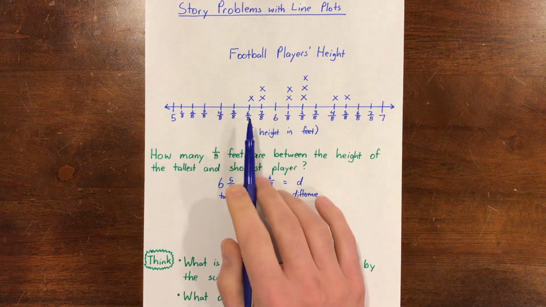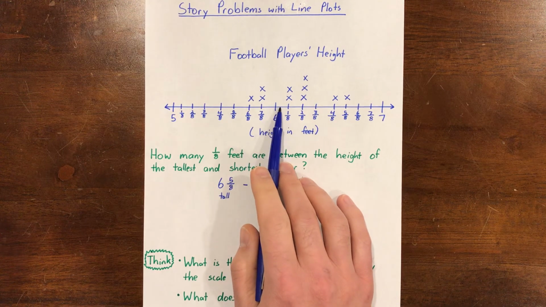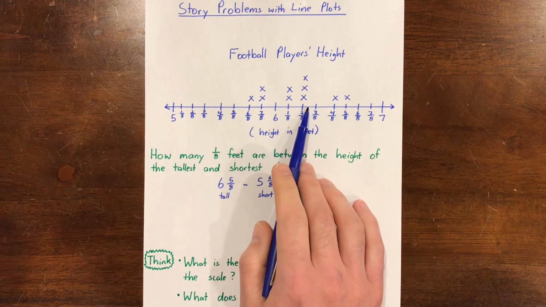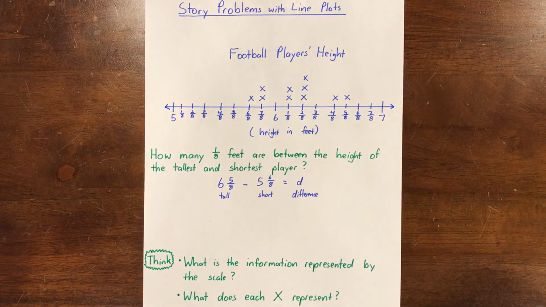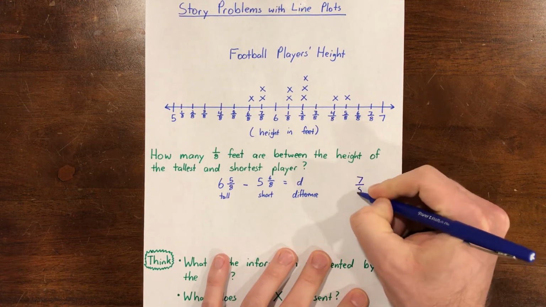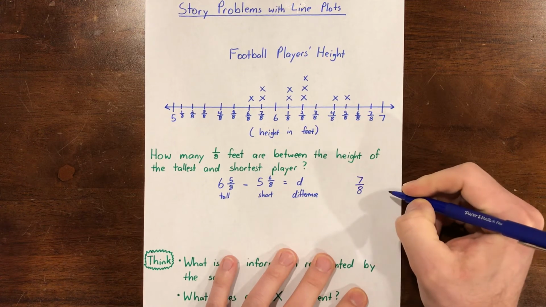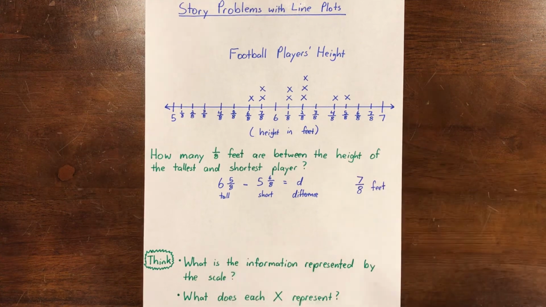Let's try that. Here's 5 and 6/8. So we've got 1, 2, 3, 4, 5, 6, 7 1/8 intervals between those two measurements. So we know that our answer is going to be 7/8 feet, actually. 7/8 feet. Okay.